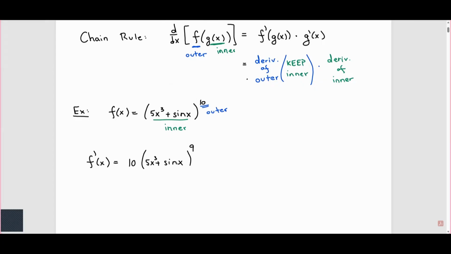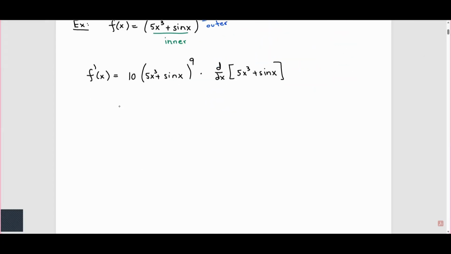Then you should be thinking to yourself, uh-oh, well, I need to take the derivative of what's inside eventually. And don't worry, it's not going to get left behind because the last thing we do then is take the derivative of the inner function. So then I need times, then I'm going to take the derivative of that inner portion. So let's do that next.